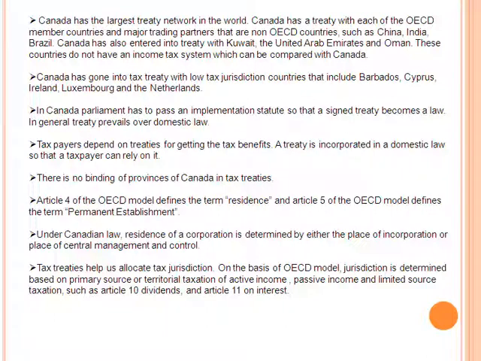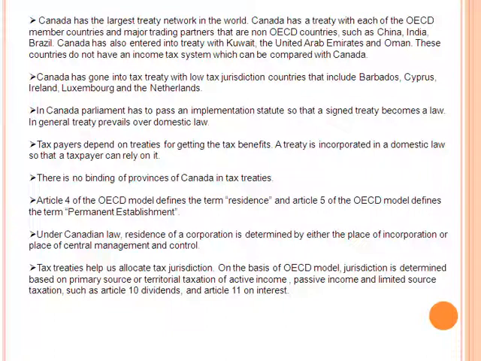These countries do not have an income tax system which can be compared with Canada. Canada has also gone into tax treaties with low tax jurisdiction countries that include Barbados, Cyprus, Ireland, Luxembourg, and the Netherlands.